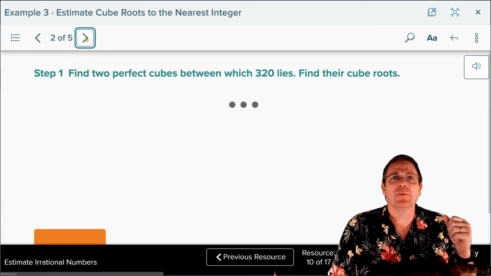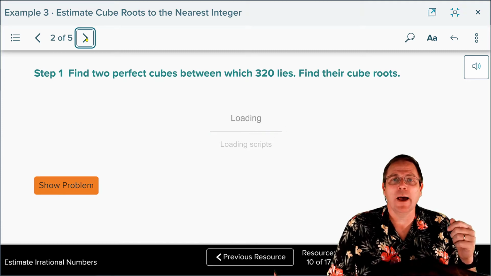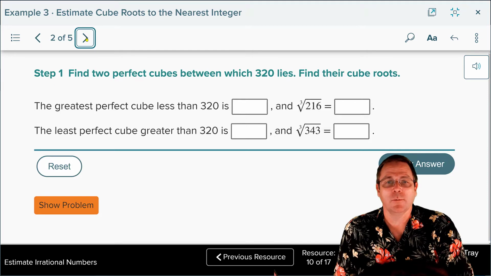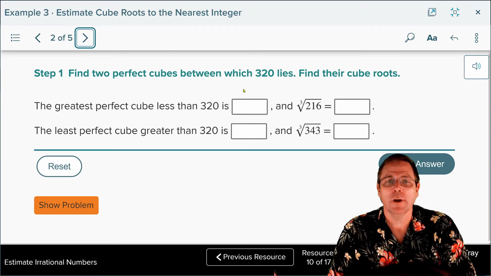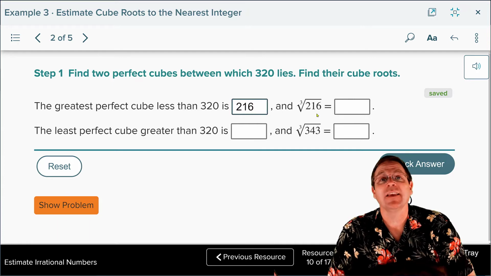Let's see what the textbook says to do. It says find two perfect cubes which 320 lies between, and then find their cube roots. So the greatest perfect cube that is going to be less than 320 is going to be 216. I'll give you a hint, they said it right here.